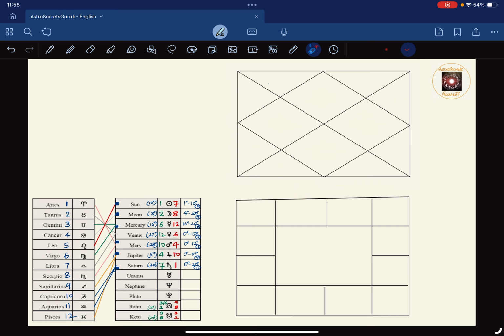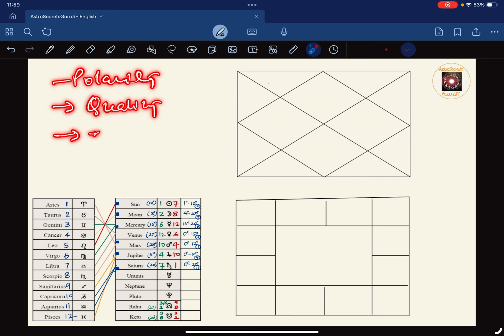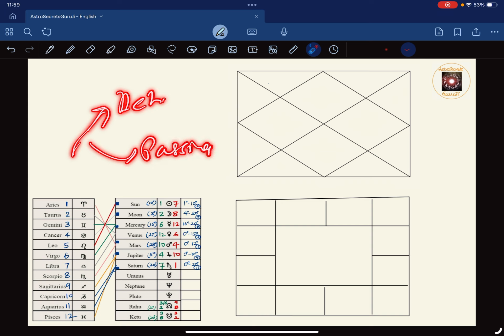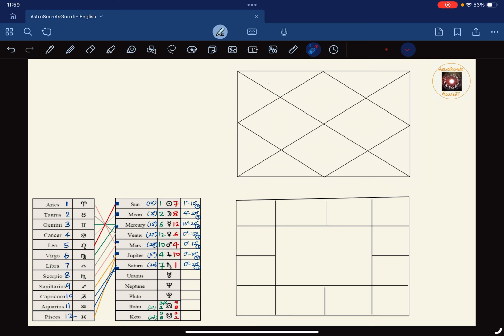Okay. Now, to talk a little bit about signs and to understand how the result can be interpreted, there are three major things that we should focus upon: first polarity, the second is quality, and third and major thing to focus on is element, right? What is polarity? All the different signs are divided between two different types of polarity. Is it an active polarity or is it a passive one?